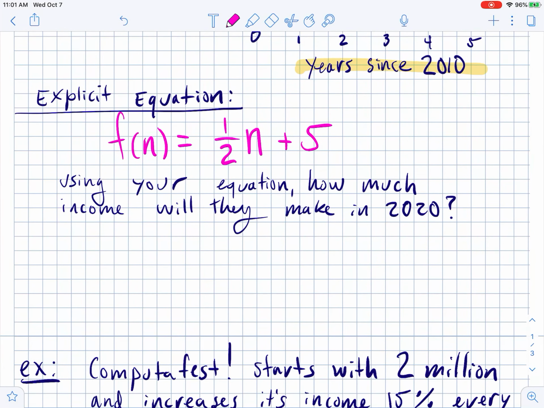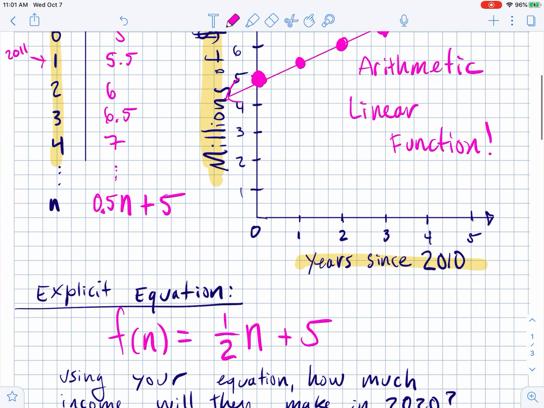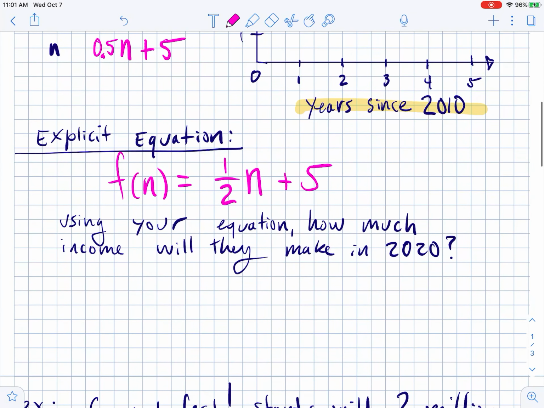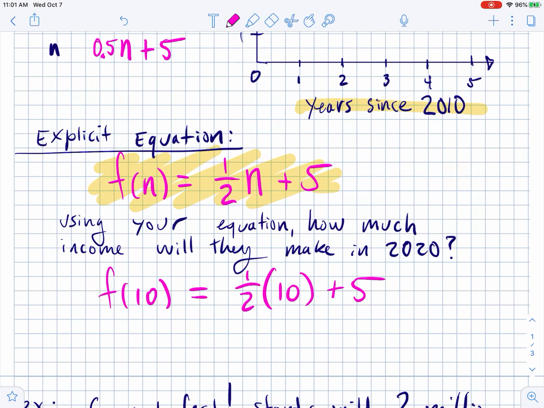Now, using our equation, how much income will they make in 2020? Now, we don't necessarily have to expand our table out to 2020. We can just use our model for it. So, 2020 is 10 years after 2010, so they're asking us to find f of 10. So you do 1/2 times 10 plus 5.